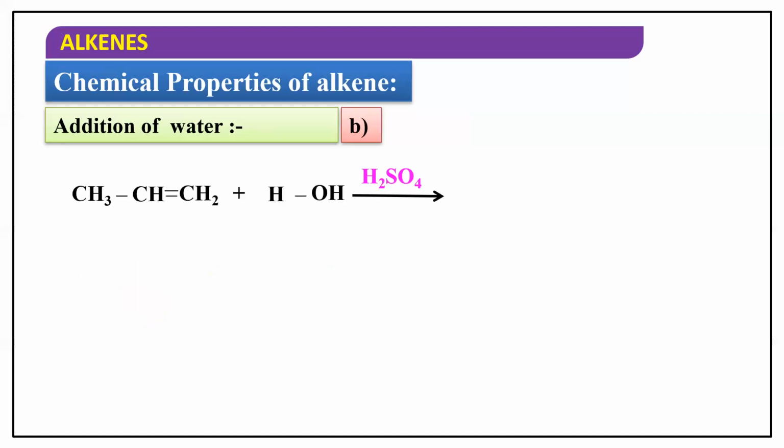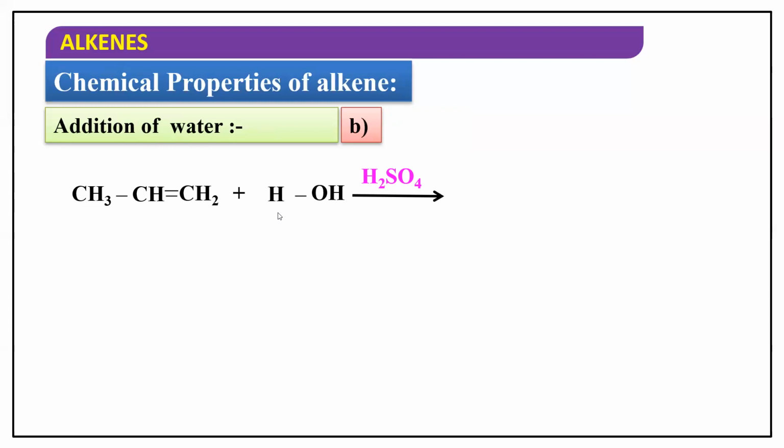So this is an example of an unsymmetrical alkene. In the previous case, we looked at ethene, which was symmetrical. In this case, it's an unsymmetrical alkene. So you would know that Markovnikov's rule will be applicable here. So who will add on where? H plus will add where? OH minus from water will add where?